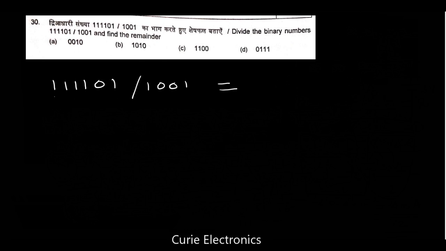So it is 2 to the power 5, that is 32 plus 16 plus 8 plus 4 plus 1. So what does it come to? 48, 56, 60, 61. And this 1001 is equal to 9, by looking at it itself. So it is actually 61 upon 9.